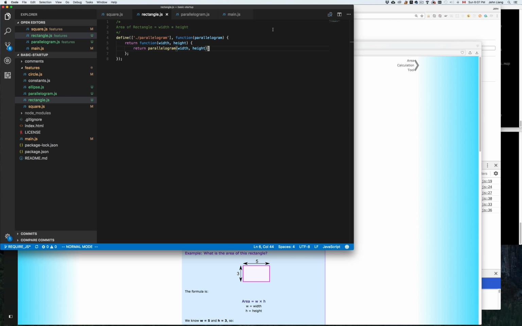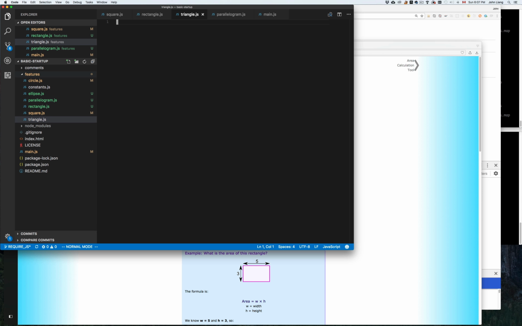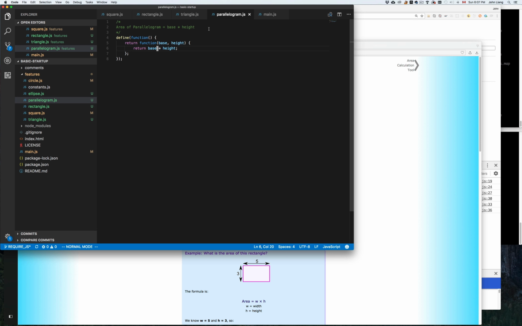All right, so let's create a new file, triangle.js. Take a look at this. This time, let's take a look at the rectangle one, because rectangle is actually reusing parallelogram. So let's copy this to the triangle.